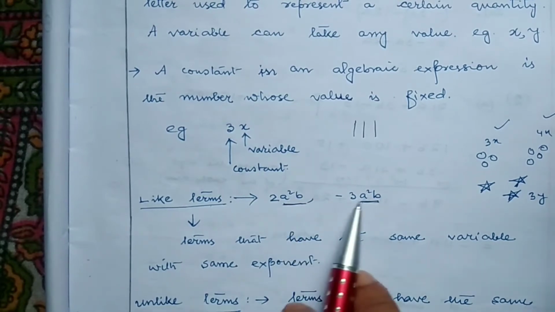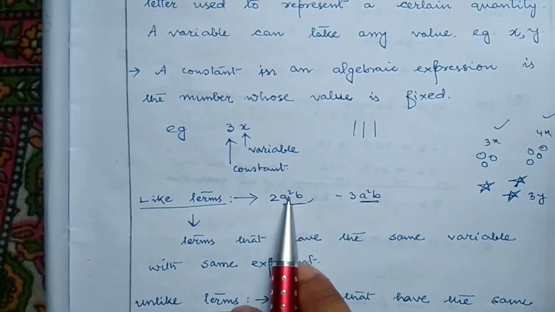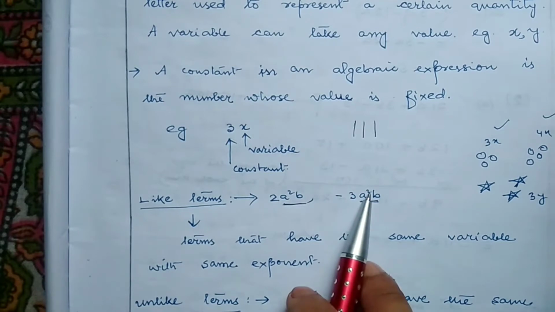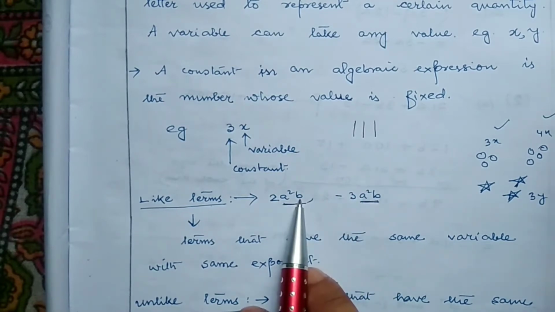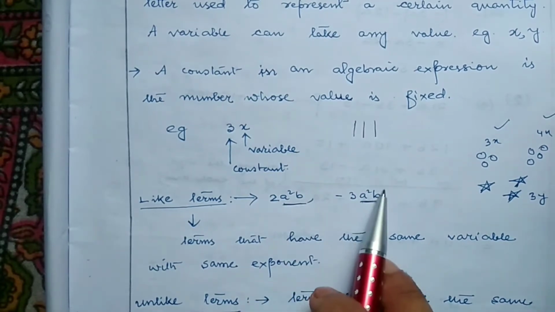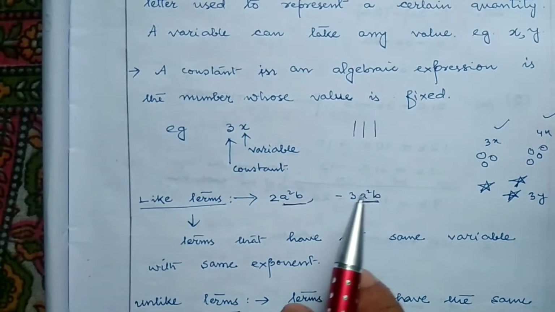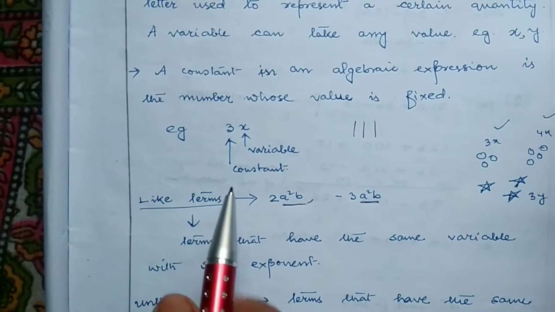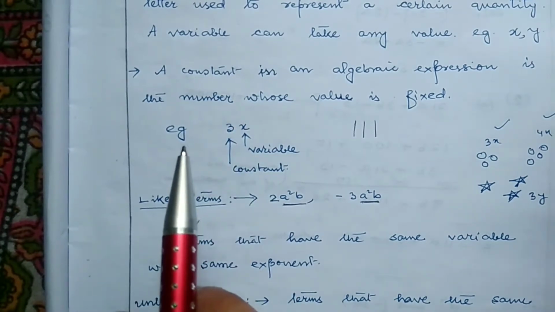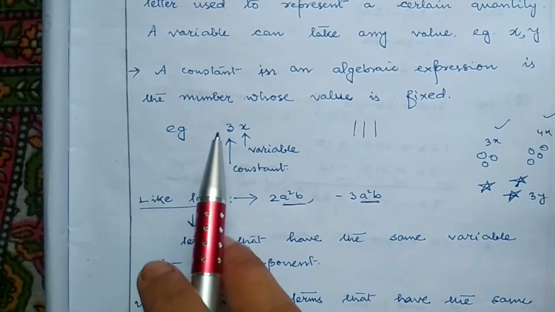Here the variables are a and b, and the exponent is 2 here, exponent is 2 here. The power of b, or you can say the exponent of b, is 1 here, here also it is 1. Since nothing is written, the power of b is 1.